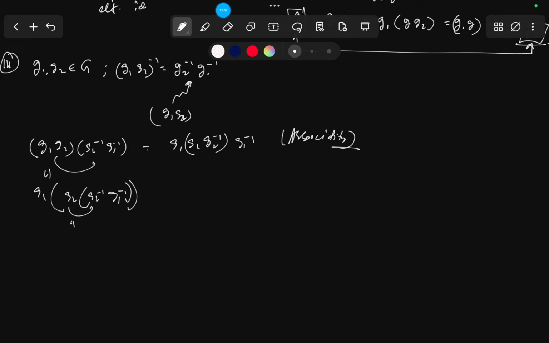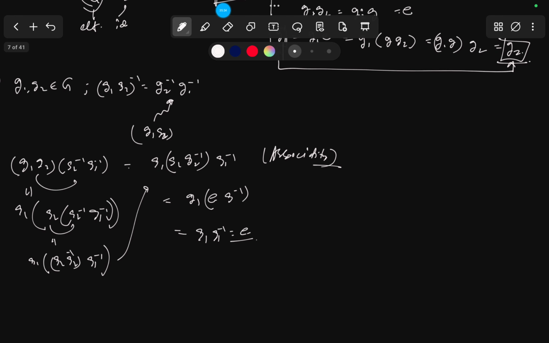So this is G1 times the identity times G1 inverse, which gives us the identity.